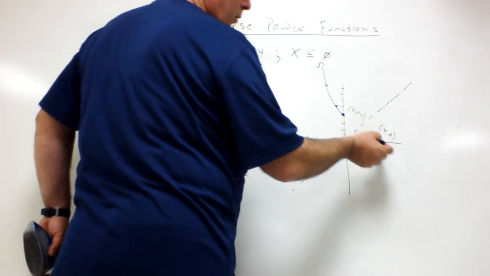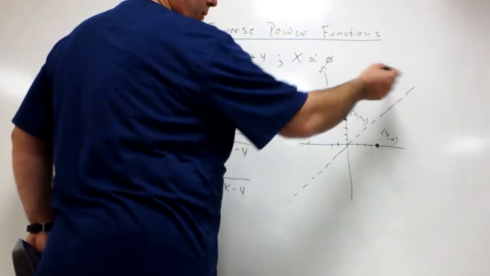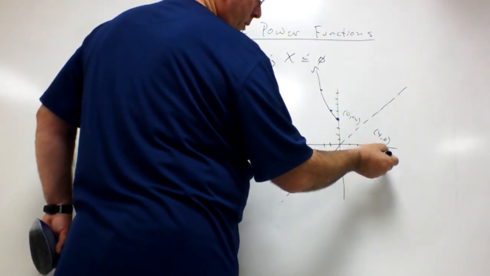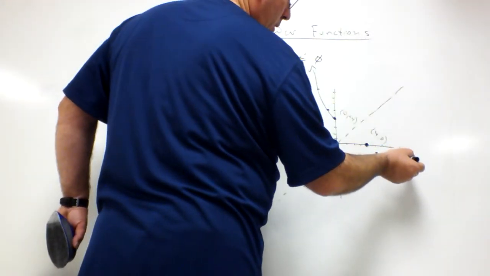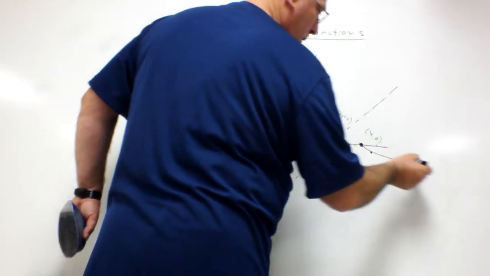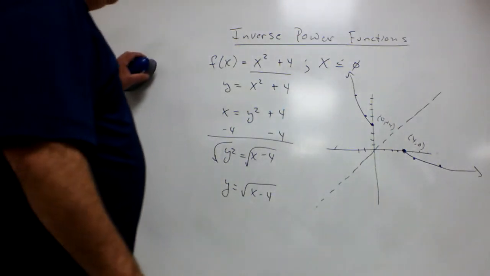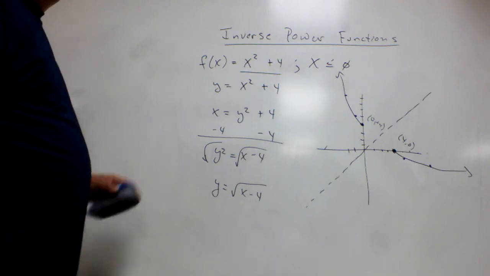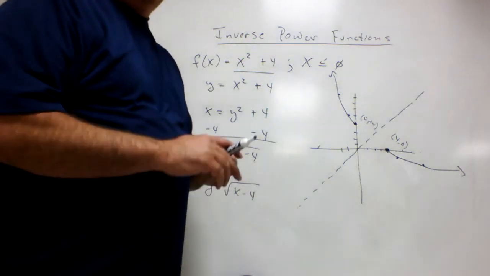Then we want to go away from the line of reflection. We went over 1 and up 1, then up 1, 2, 3, 4, and we went down 2, and so that would be the inverse reflection and the graph of this equation. And that's really all you got to do. That's it. So, see you in class.